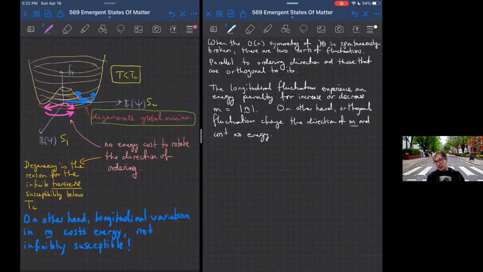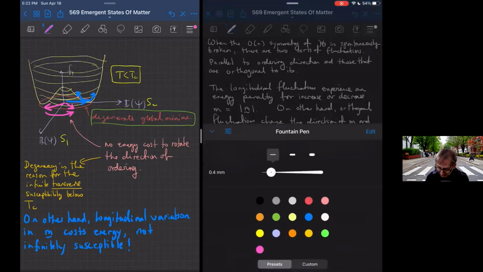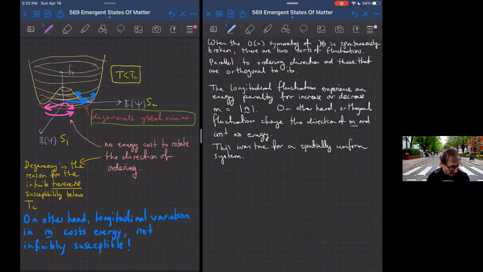Okay, now all of this was true for a spatially uniform system. So now let's ask ourselves, what happens then when spatial variations come into the picture?